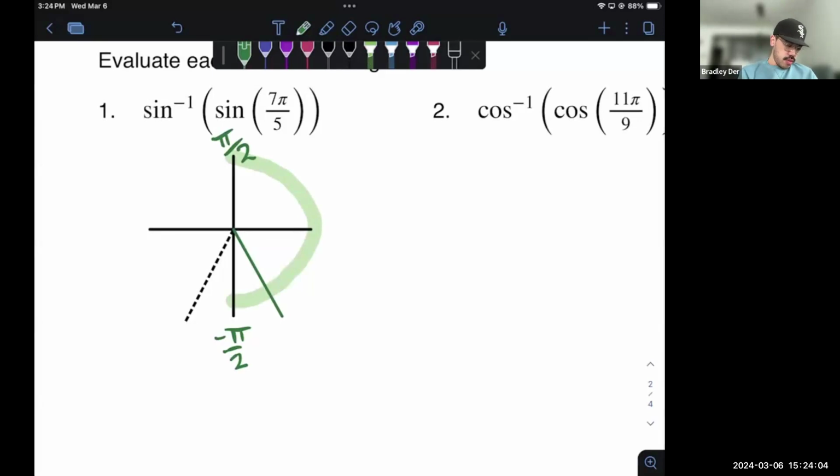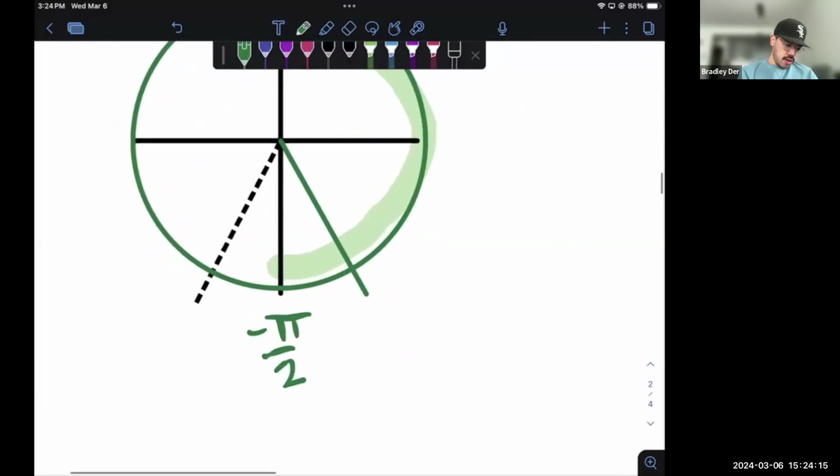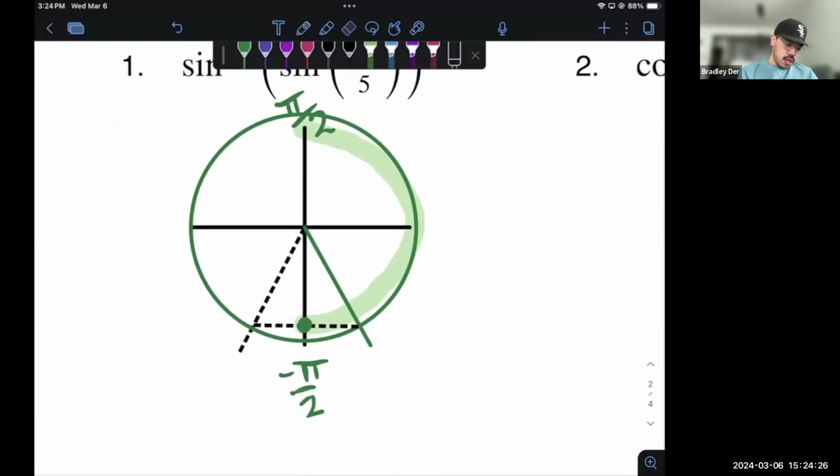I'm going to make an actual circle here to illustrate this point. You can kind of see how those two angles have the same y coordinate, the same sine value, based on where those rays hit the unit circle.